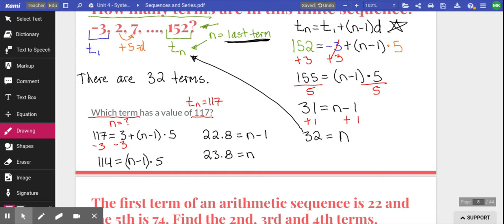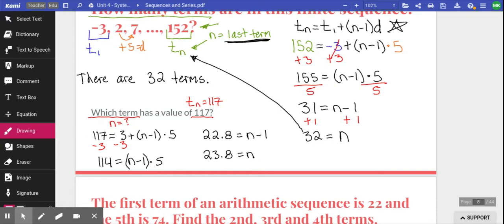I don't have in-betweens. So if you look at this pattern, it goes -3, 2, 7. There are no terms in between. That means n has to be a whole number. So if you get 23.8 as your term value for n, it means either you made a mistake, or that term doesn't exist.